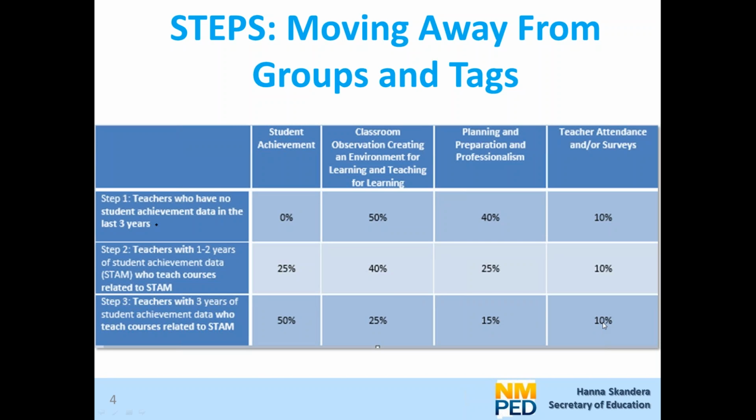And again, 10% will be associated with teacher attendance and/or student surveys. If you have both, 5% will be with surveys and 5% will be with teacher attendance. If you only have one, then 10% will be towards what you have, attendance or surveys. So as you can see, it's a much simpler system to understand.